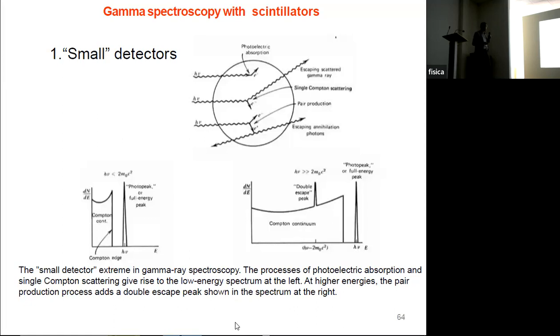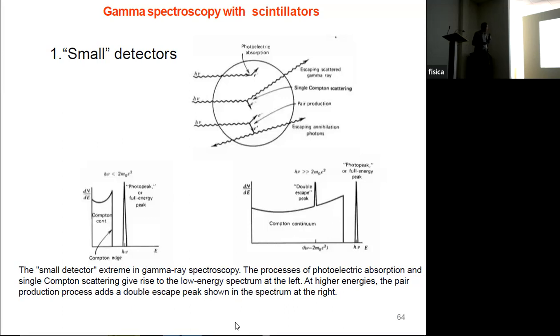For example, if the detector size is not very big, your gamma ray is scattered and escapes from the detector. The energy which is deposited in the detector is lower than it is in reality, and you have this picture of the photon scattering.